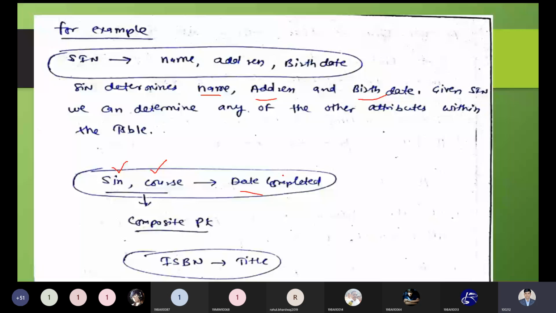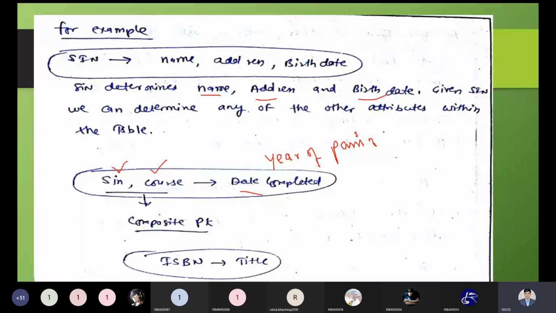So year of passing is an attribute which depends on the student ID and the course in which the student was registered. So we have the student ID and course together, which is known as a composite PK or composite ID.